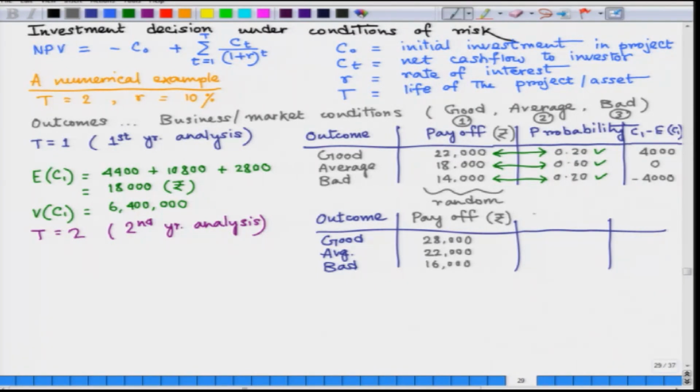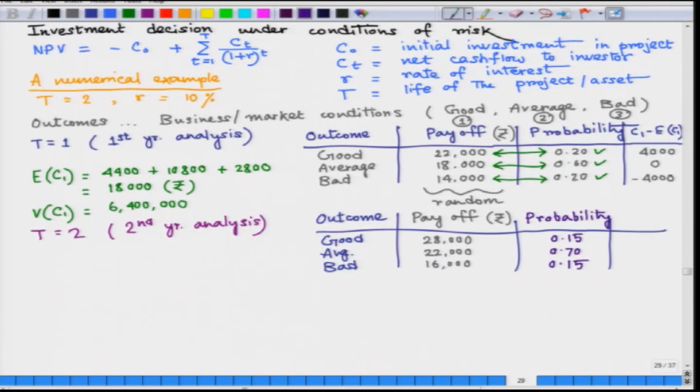Let us also assume the probability values, and they are different in this case: 0.15 for the good state, 0.7 for average, and again for the poor market condition and bad state of the world we assume 0.15.